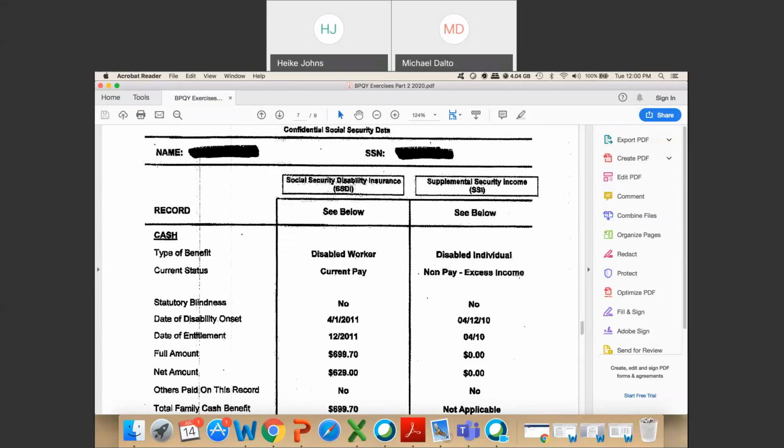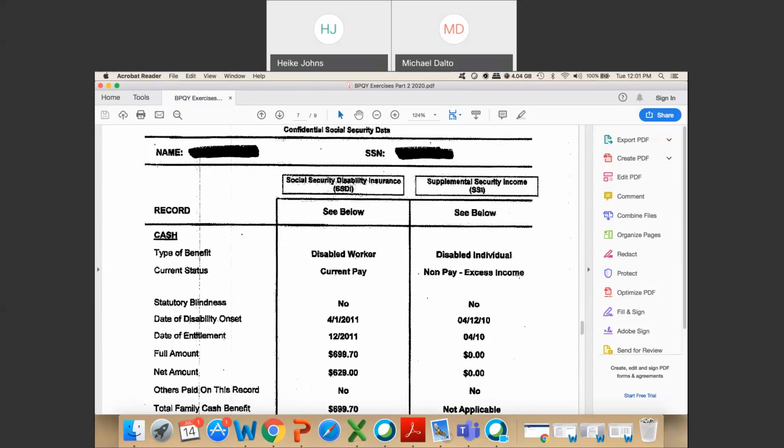Frequently, that's an indication that the person may be in 1619B status, that their earnings are high enough to stop their SSI, but they're still SSI eligible through the 1619B rule, which does two things: protects their Medicaid, their health net, and lets them go right back on SSI payments if anything happens to their earnings later.